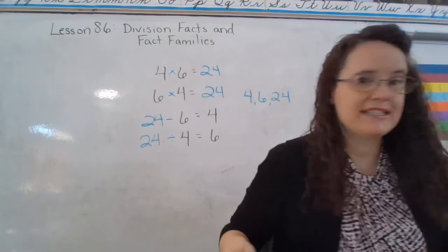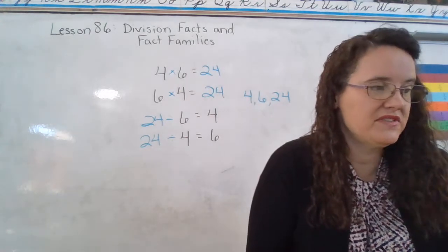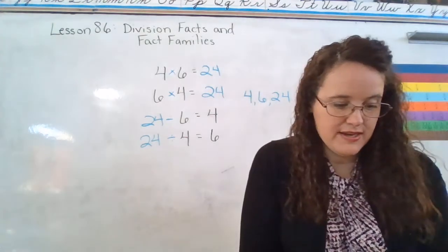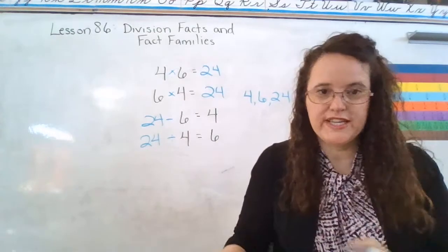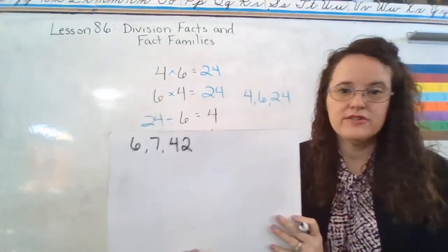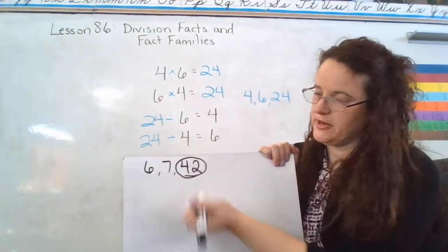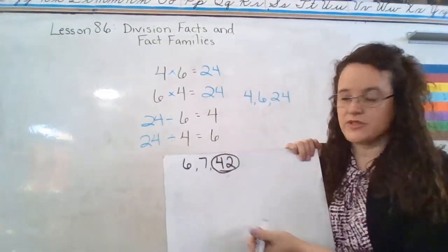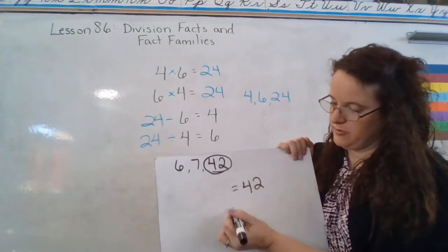All right, our next example says write 2 multiplication facts and 2 division facts using the numbers 6, 7, and 42. So here's the numbers. Remember, find your biggest number. Your biggest number is going to go at the end of your multiplication problems.